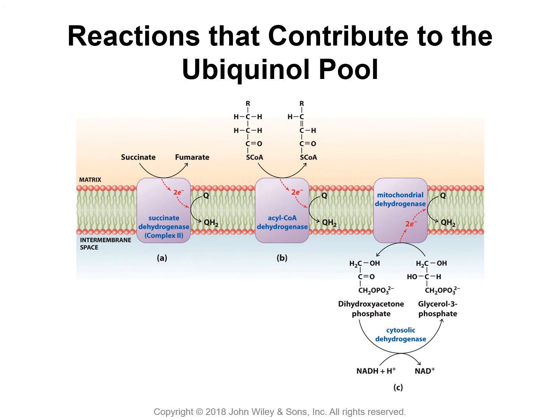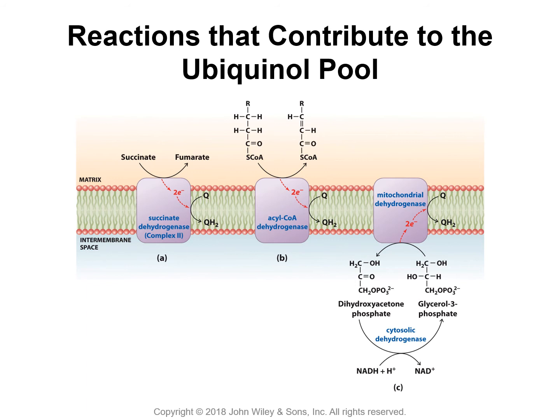So, reactions that contribute to the ubiquinol pool. We go from ubiquinone, which is a ketone, to ubiquinol, which is an alcohol. Now, what happens here is in A, the succinate dehydrogenase, that's complex 2, reaction transfers electrons to the pool of reduced ubiquinone in the inner mitochondrial membrane. The acyl-CoA dehydrogenase reaction, which is one step of the fatty acid oxidation pathway, generates ubiquinol. R represents the hydrocarbon tail of the fatty acid.